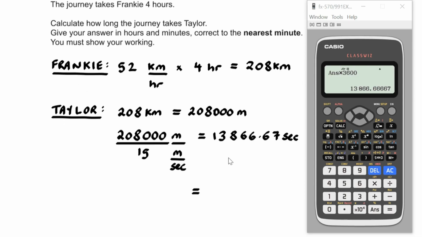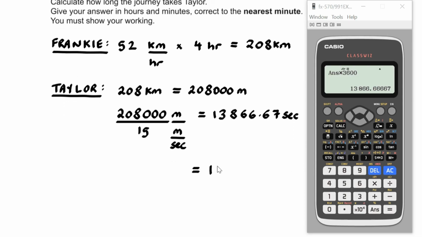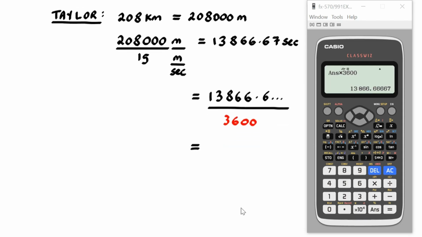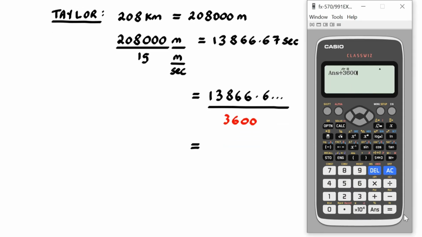So what we can do is take this amount and divide this by 3,600, this will convert to hours. So if I find out how many hours this is, we have 3.85 etc. hours.